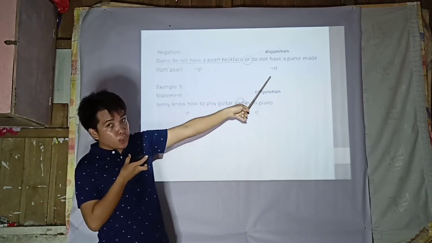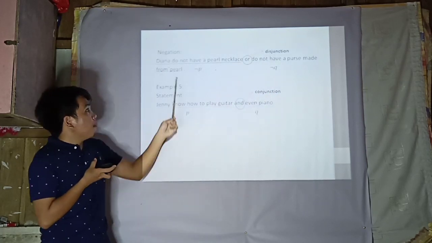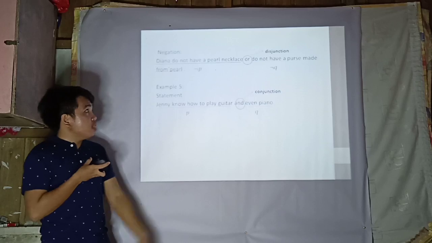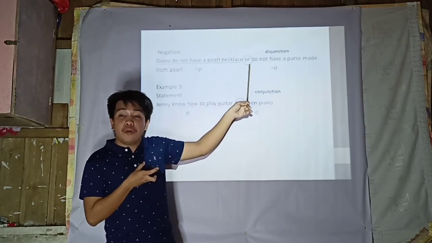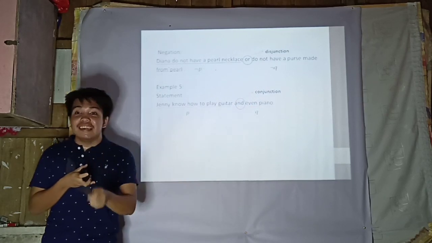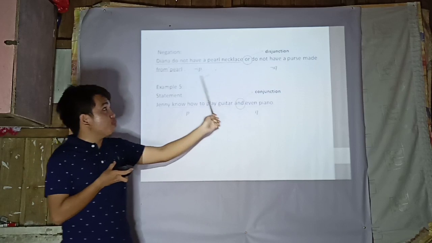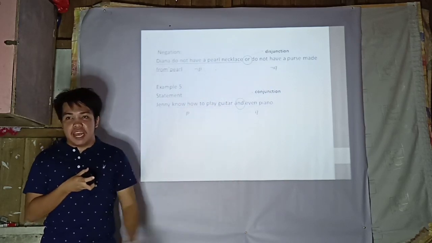Then the negated Q: does not have a purse made from pearl. And then we also negate the logical operator, conjunction, into disjunction. So this will be the negation of the true statement.